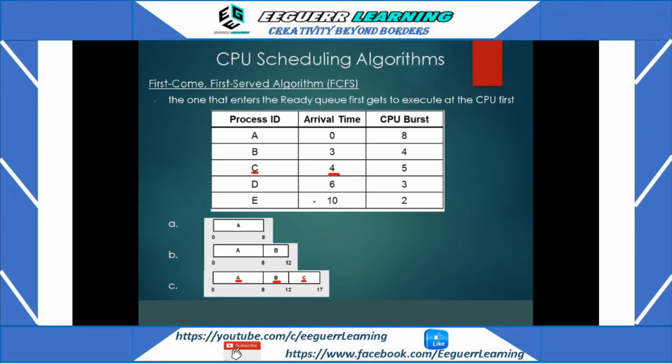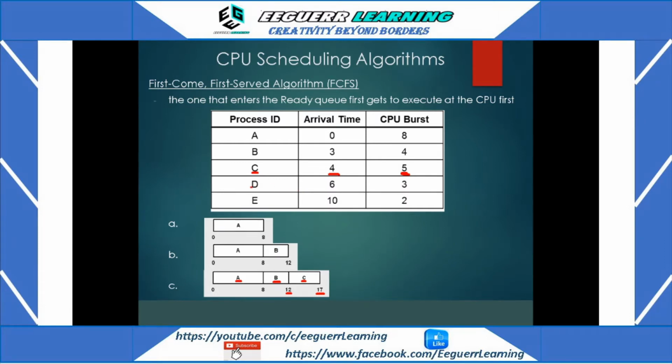We're going to add its burst of 5. The finish time for processes A and B is 12, and it will be added by 5. So 12 plus 5 is 17. The processing time right now for processes A, B, and C is 17 milliseconds.